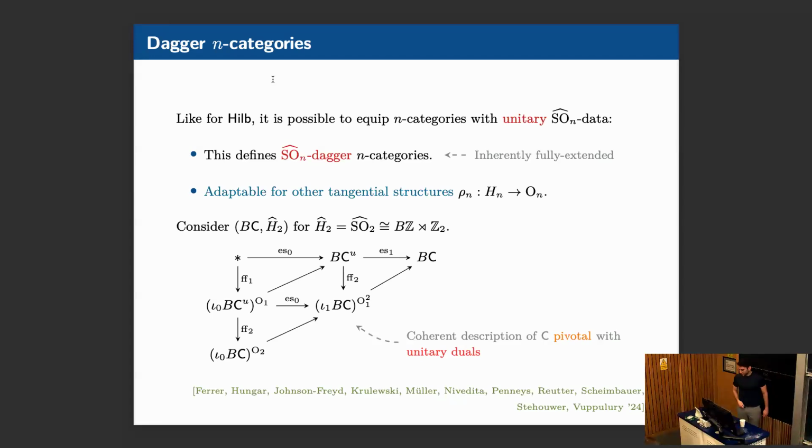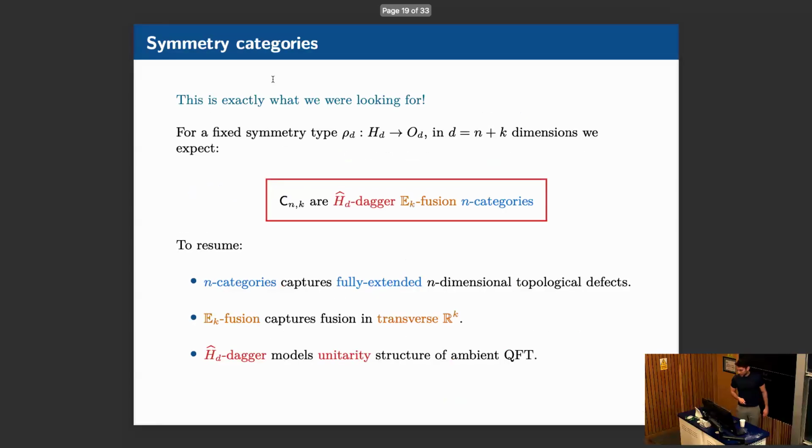Okay, so making use of these definitions, we can eventually make the following claim, which is that we expect, in general, the categories that describe our topological defects to be precisely n-categories, based on what I said earlier, and E_k fusion. So n-categories, remember that n is the dimension of your defects.